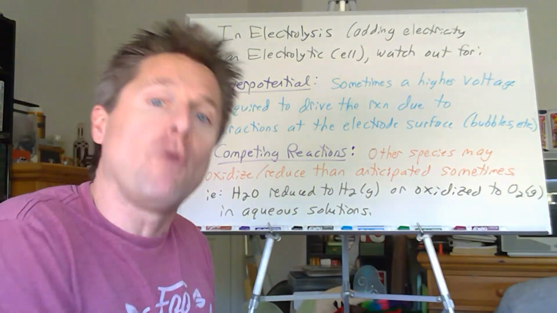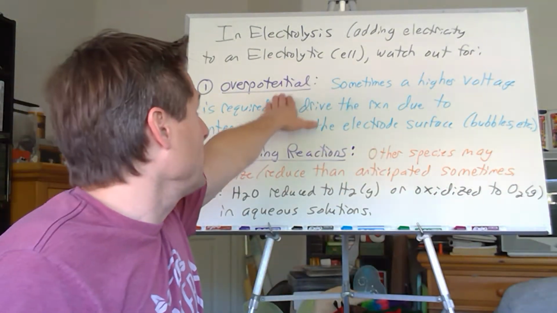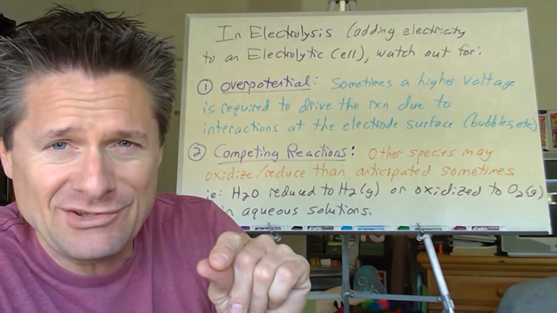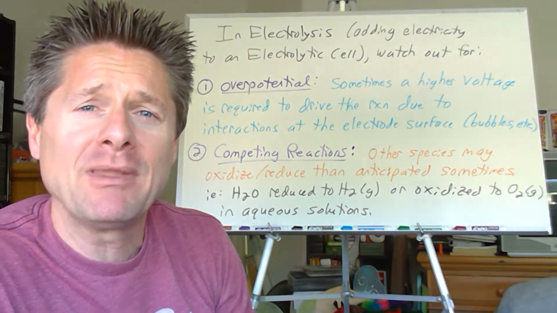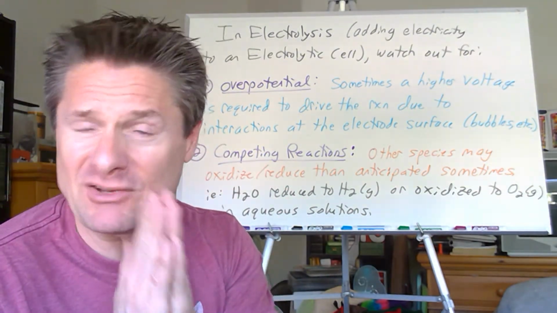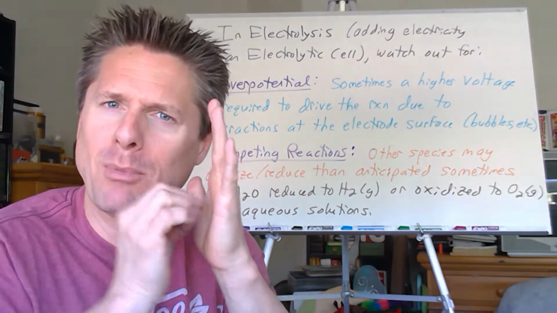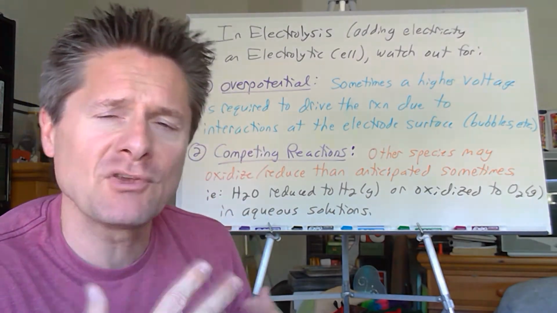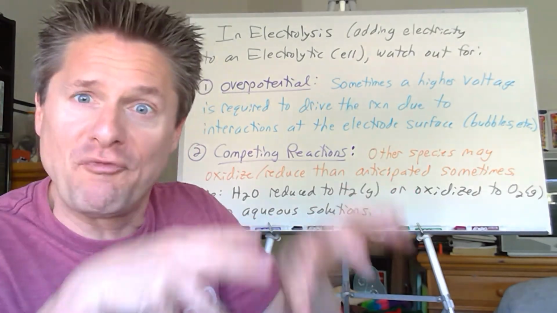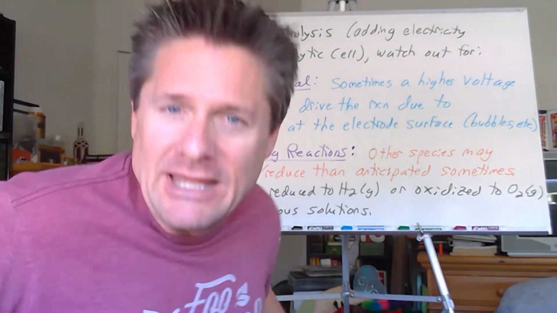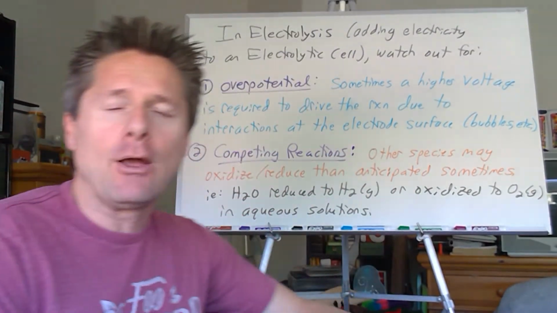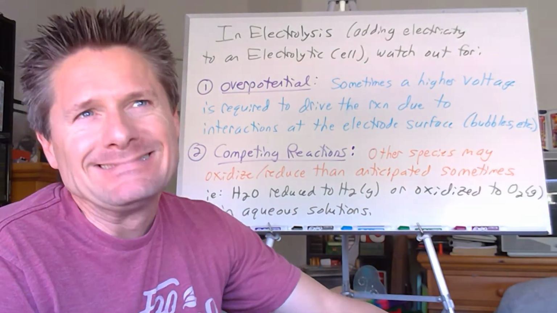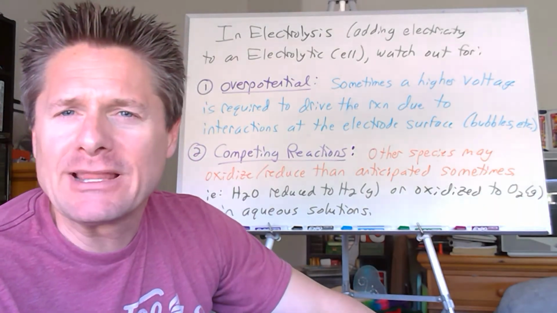Sometimes you need more voltage than you thought because of something called an overpotential. Weird stuff, not going to get into the details, can happen at electrode surfaces, especially if we're producing gases. Those little bubbles can get in the way. So sometimes it just requires a little more oomph than you would have possibly imagined. Again, I'm not going to go into details on that, but it can happen. You can read about it if you're really interested.